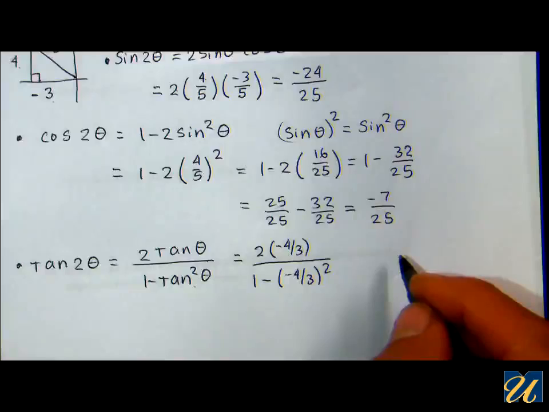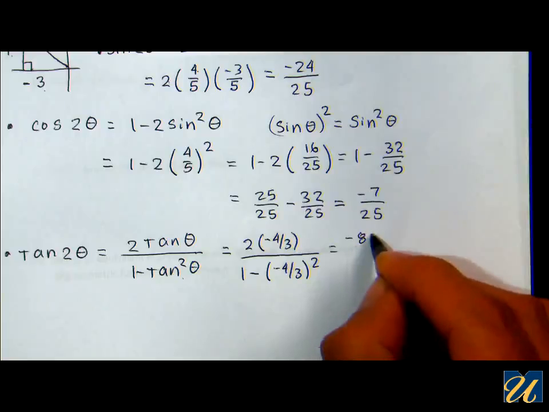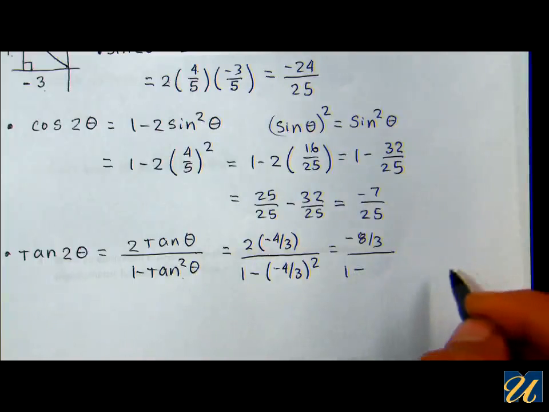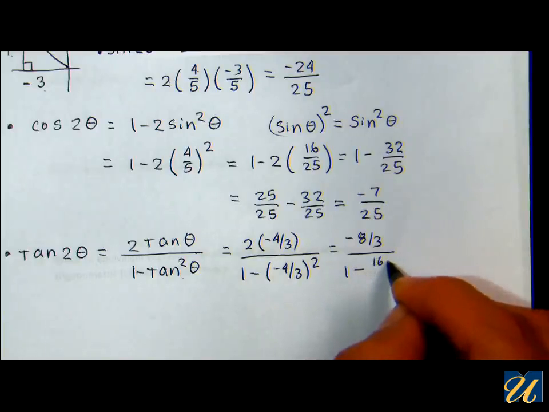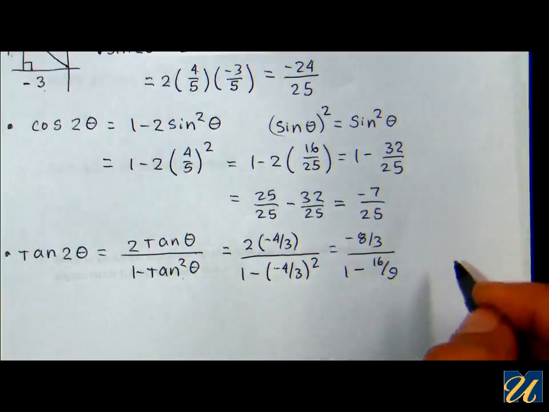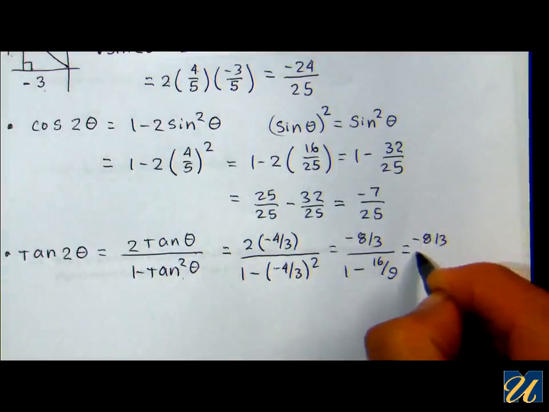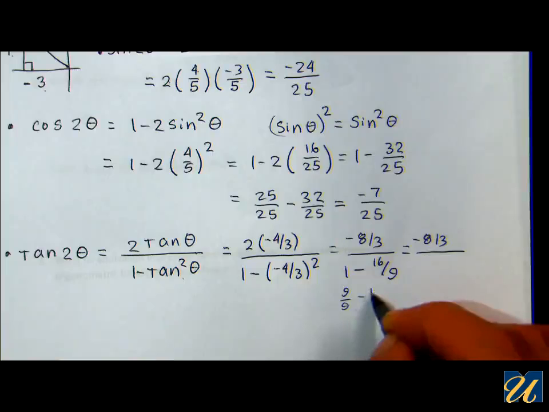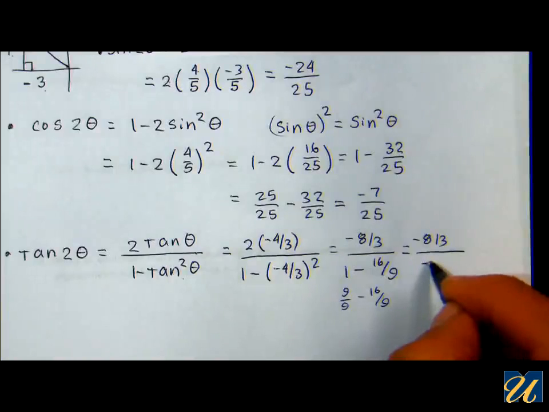So we just got to work out that arithmetic. So this is negative 8/3 divided by 1 minus, squaring this would give us 16/9. Okay? So we have negative 8/3 in the top. In the bottom here, this is 9/9 minus 16/9. So that'll give us minus 7/9.